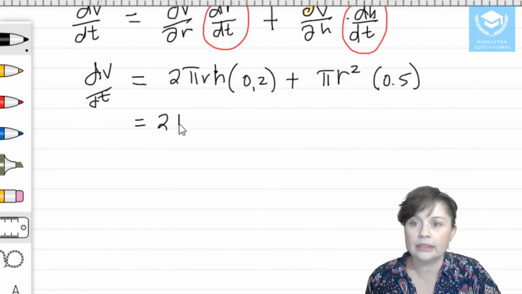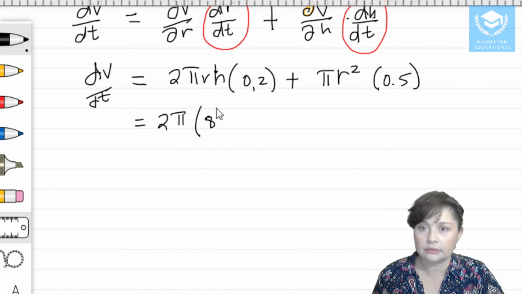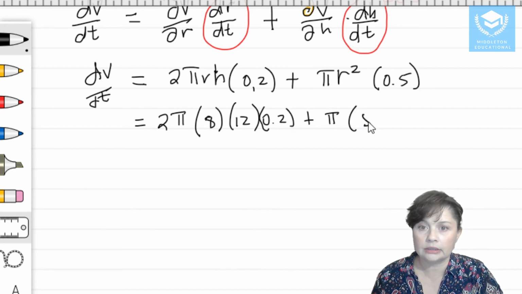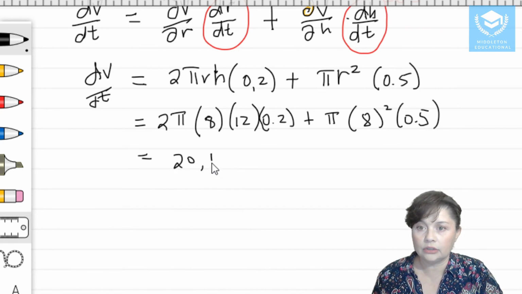You know that pi is just a constant, r is 8, and h is 12, times 0.2, plus pi times 8 squared times 0.5. And when you calculate this, you're going to get a value of 201.1 cubic centimeters per second.